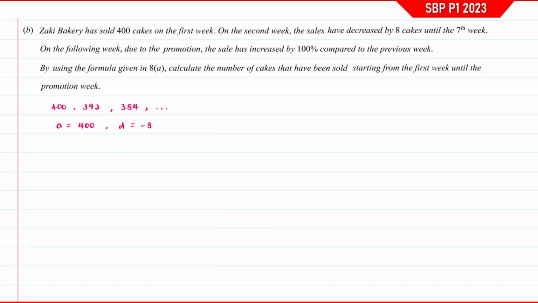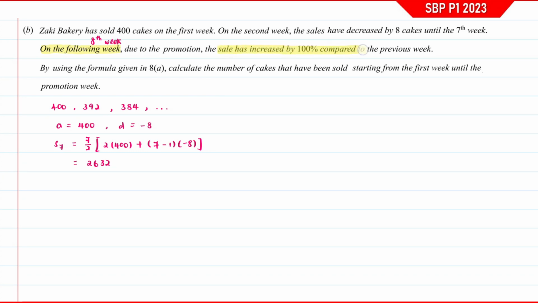So the total number of cakes sold from the first week to the 7th week will be S7 equal to 7 over 2 times (2 times 400 plus (7 minus 1) times -8), which is equal to 2632.